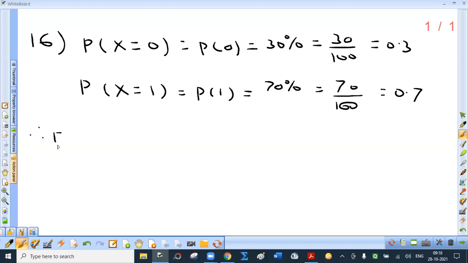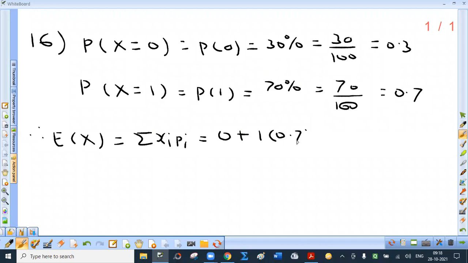Now find out E of x. E of x is nothing but sigma xi pi. So first part equal to 0 plus 1 into 0.7. So what is E of x? 0.7.